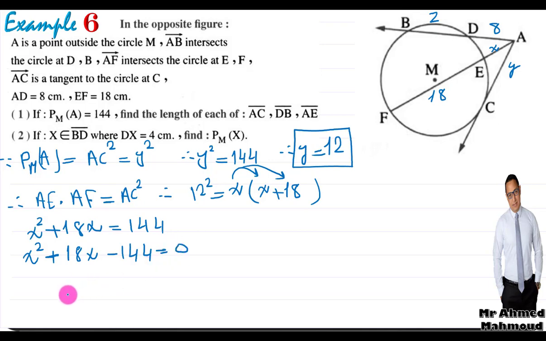By using the calculator, mode equation 3, X equals 6, and X equals negative 24, but this is refused. So X equals 6. So AE equals 6.